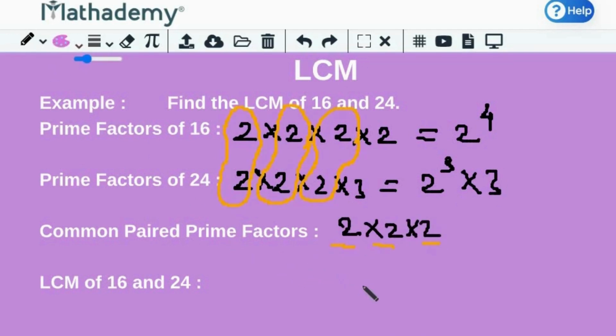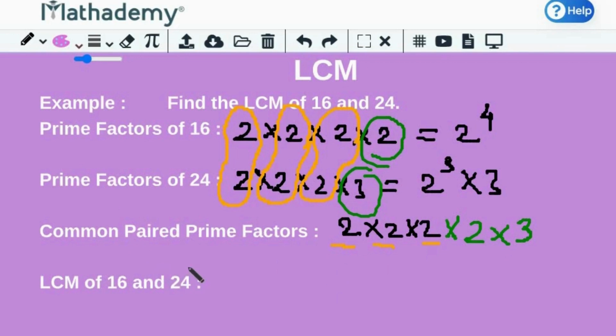But now, the LCM will be the common paired prime factors, that means the doublet 2 multiplied by 2 written once, and the remaining prime factors which are not paired, like 2 and 3, multiplied together.